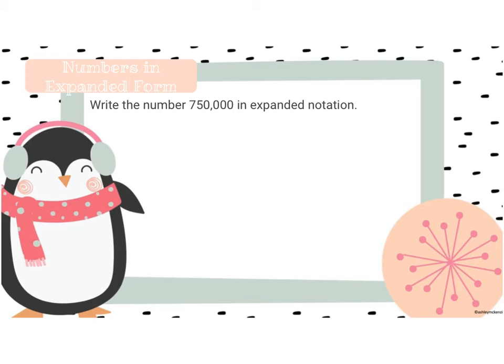What's it worth? 700,000. What's the value of the 5 worth? 50,000. And then do I need to put plus 0, plus 0, plus 0? No, I don't have to. I can just do just that right there. 700,000 plus 50,000. Are we okay so far?